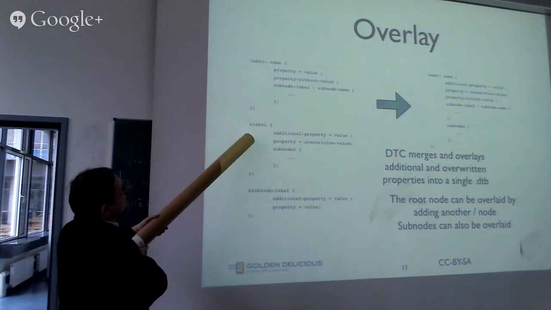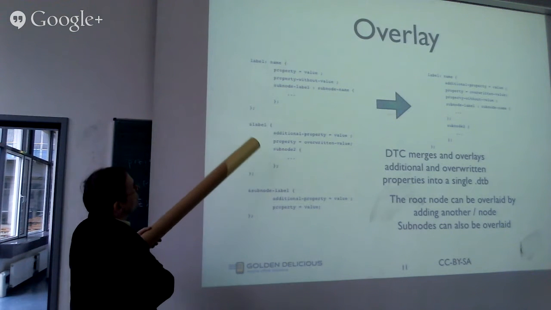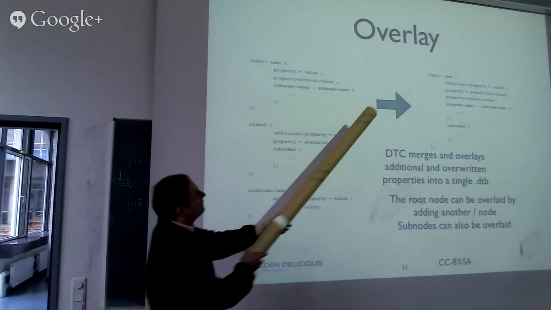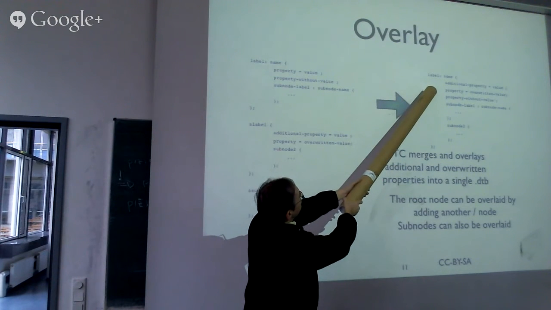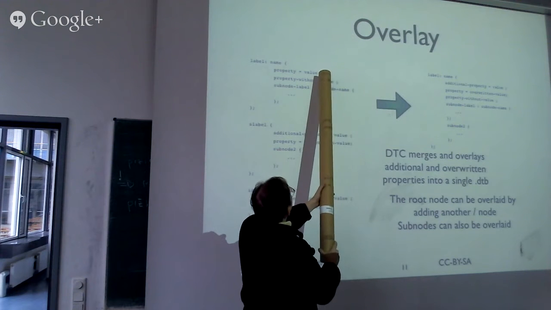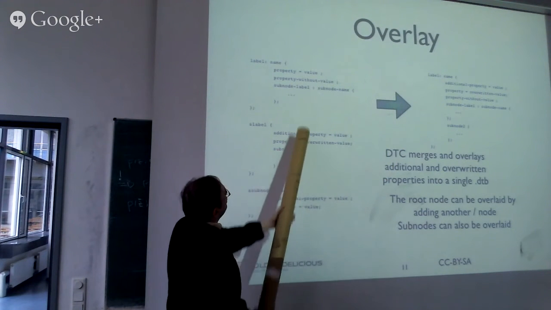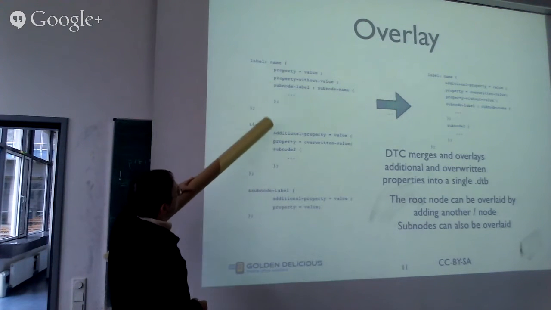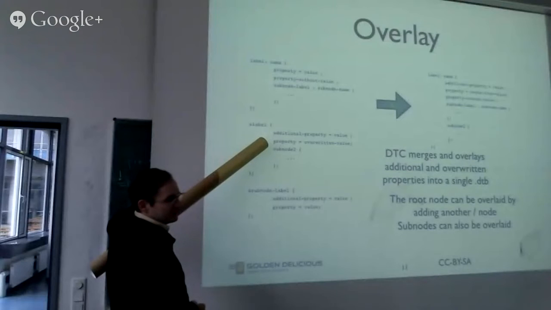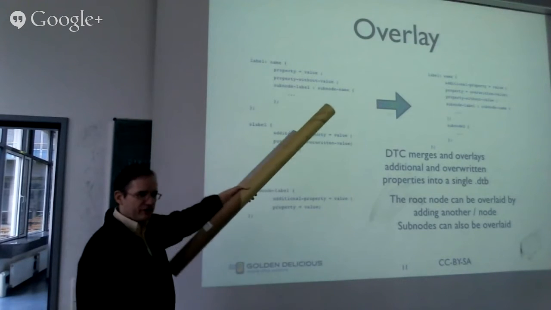The compiler simply combines all the properties and all the subnodes into something that is equivalent to what is written here. So here we have the additional property, the original property without value, and here is an overwritten one. It is defined here with the first value, and here with another one. In this case, the second one will result.